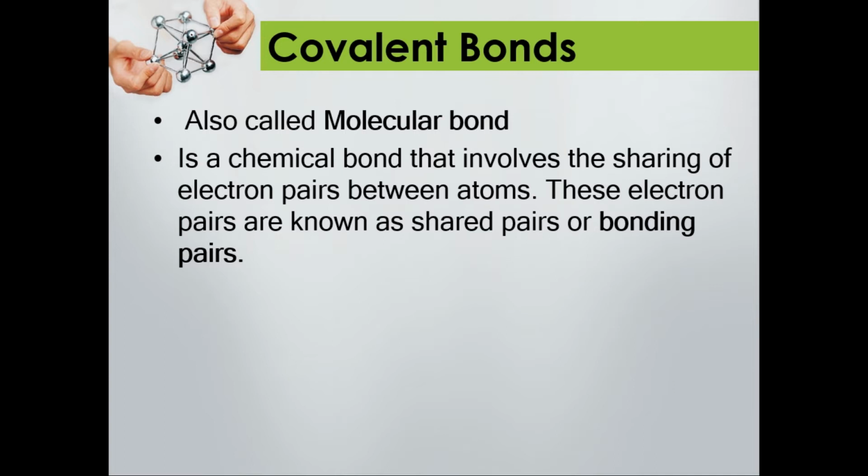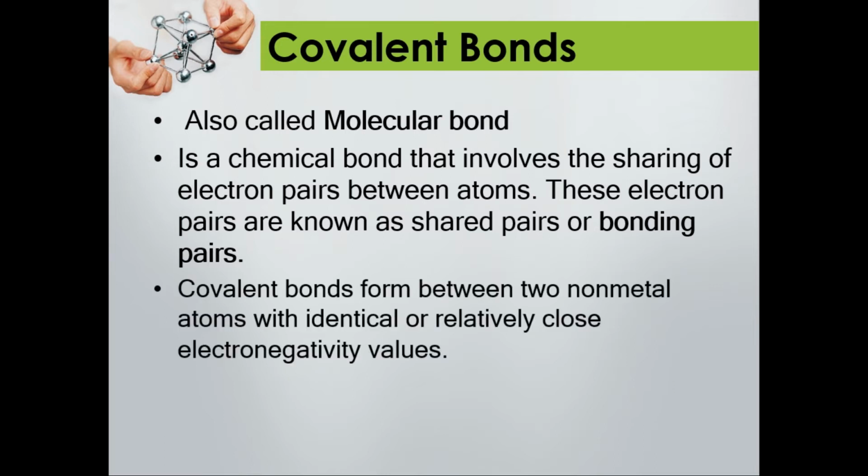But for covalent bond, it is the sharing of electrons between atoms. These electron pairs are known as the shared pairs or bonding pairs. Covalent bonds are formed between two non-metal atoms. So take note, between two non-metals with identical or relatively close electronegativity values.